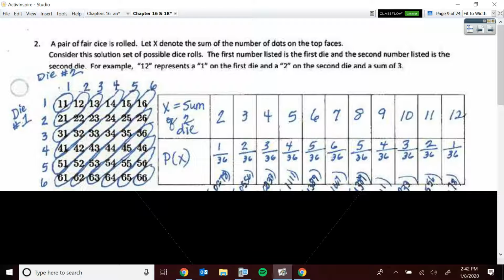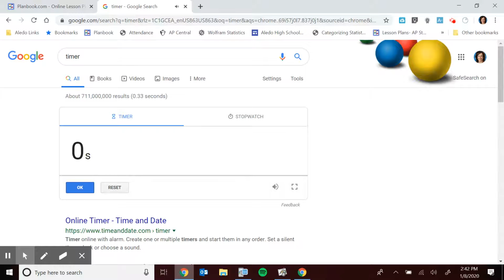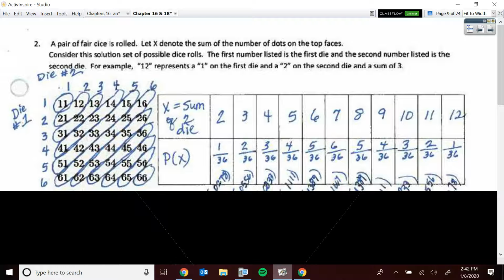Okay, so let's see if you came up with this particular distribution. You may have noticed a pattern: what was the most common sum? 7. Have any of you ever played craps? What do you crap out on? I know that's in the game, 7, where you lose out.